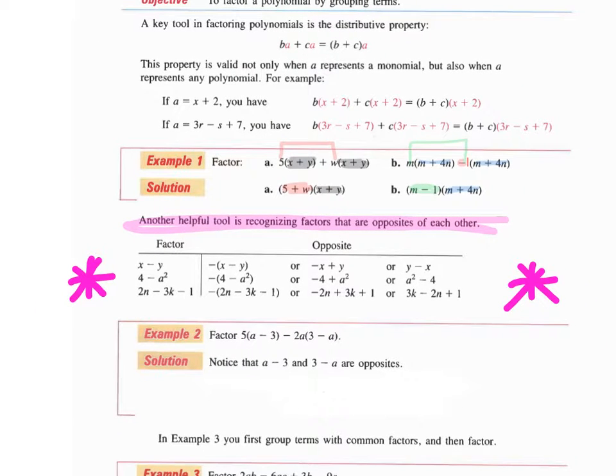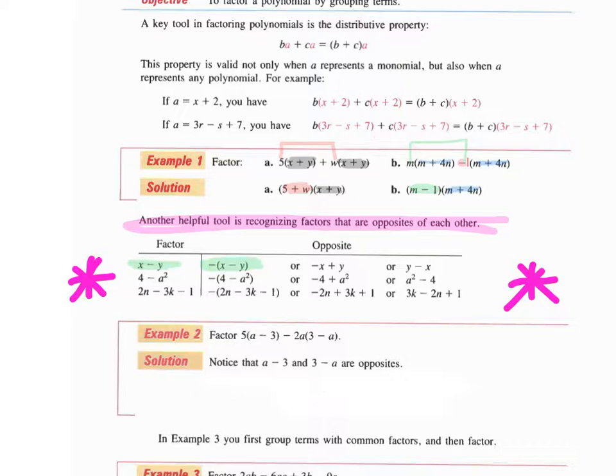Now, right here, where I've got it starred in pink, it will help if you can recognize opposites. So, for example, if this is your factor, x minus y, when you put a negative sign and you group it in a parentheses, remember that negative sign outside can represent the word opposite.